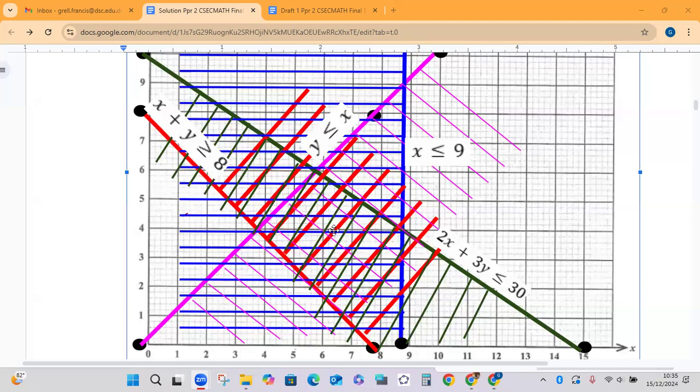Now, the question says we have to look to see where all the 4 shadings meet. And it seems that they meet in this area here. It's a 4-sided shape. Here it is. So this is the region called R right here.